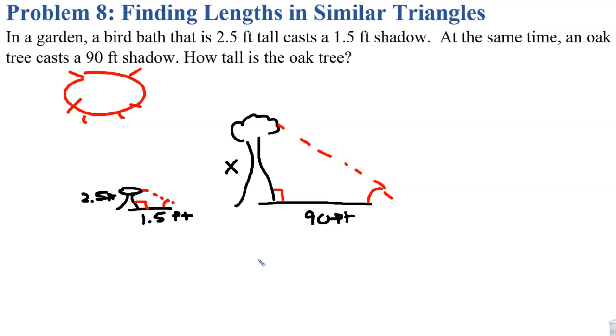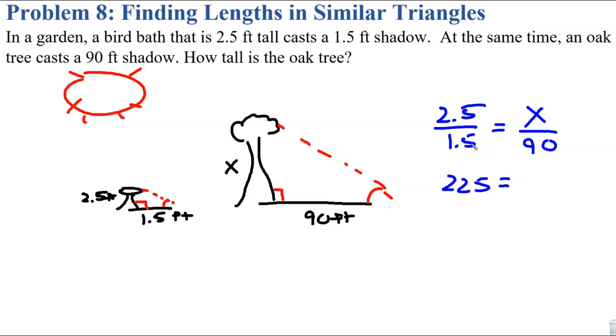I'd recommend you set up that proportion just the way you see it. We can say 2.5 over 1.5 equals x over 90. And then once you have that set up, you can cross multiply and divide. 2.5 times 90 gives me 225, which is equal to 1.5x.